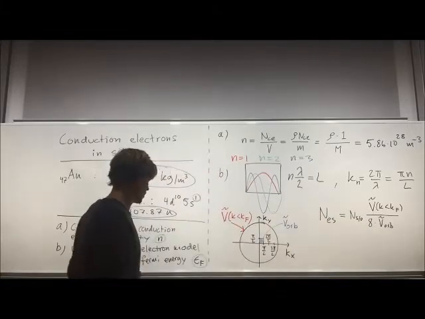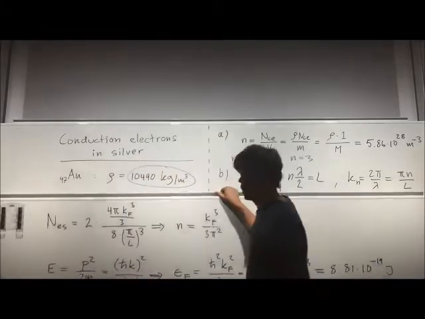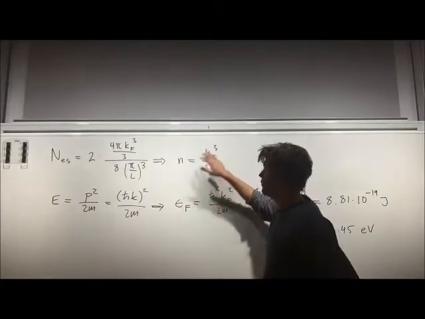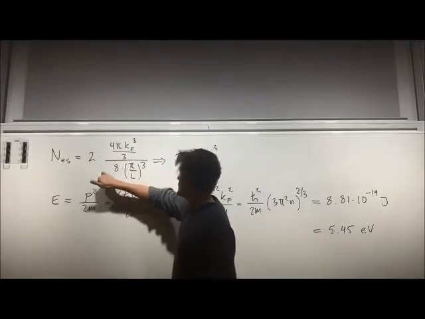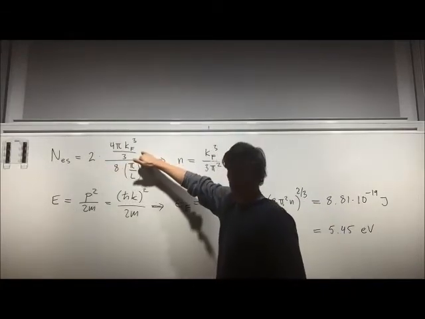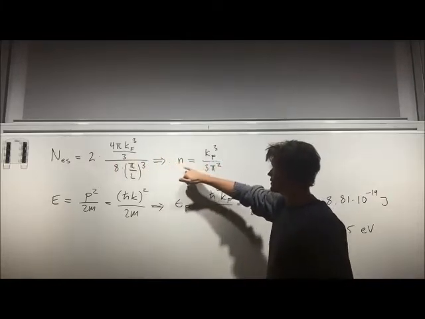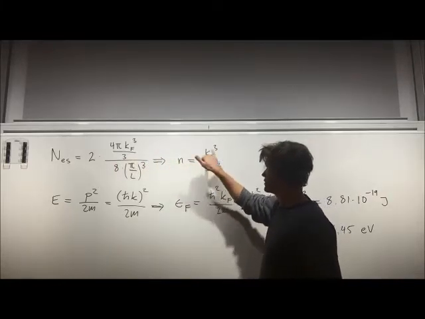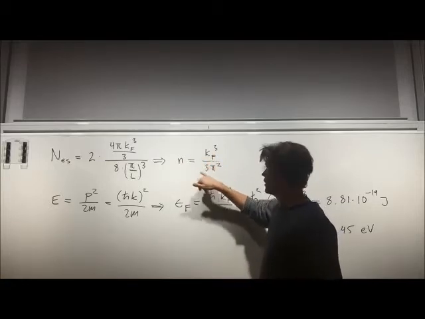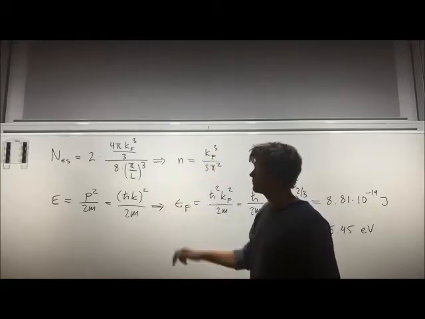And using this relation, we can find out basically what the k Fermi wave vector is, which is related to n like this, if you put in the values here.